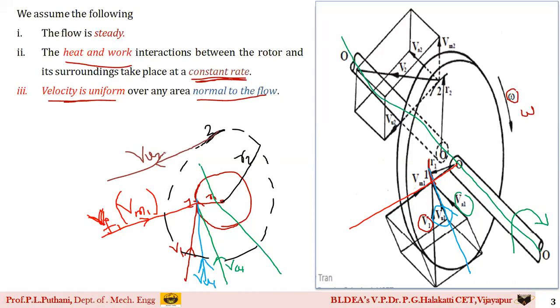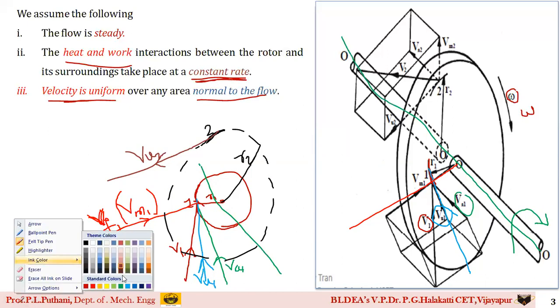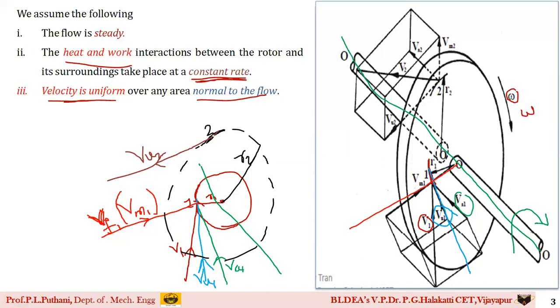Then this green colored line is my axis, as I have already told you. With respect to the axis, the flow velocity along the axis we call the axial velocity component, that is Va2.